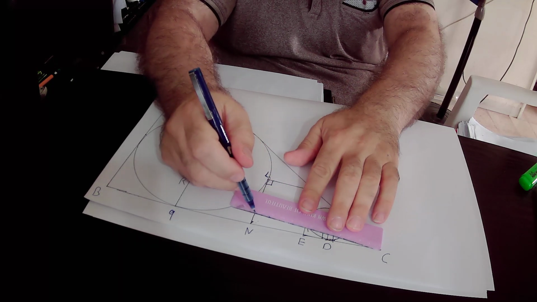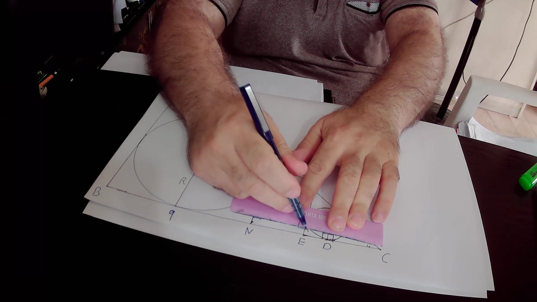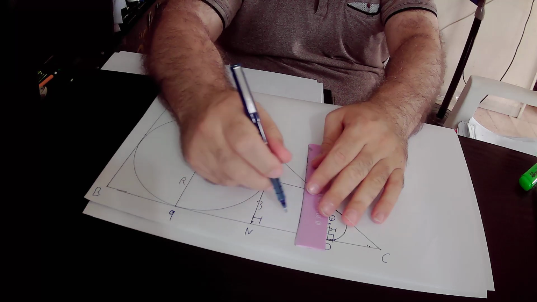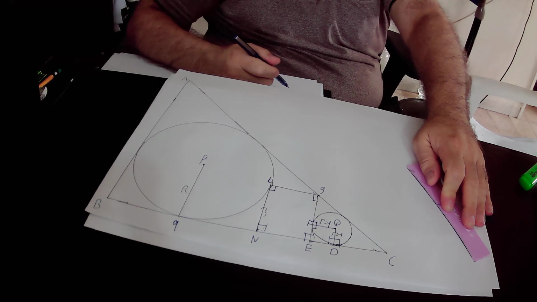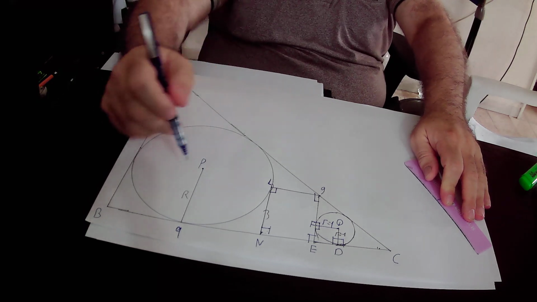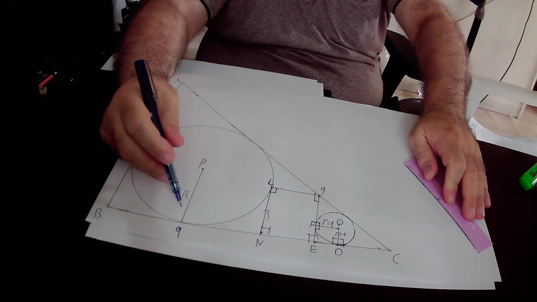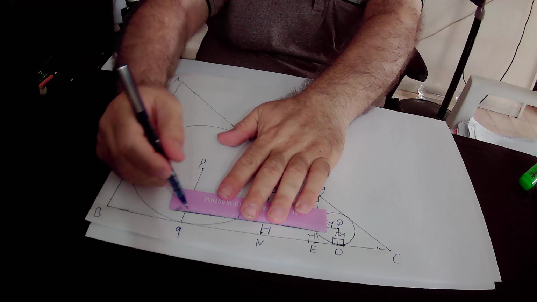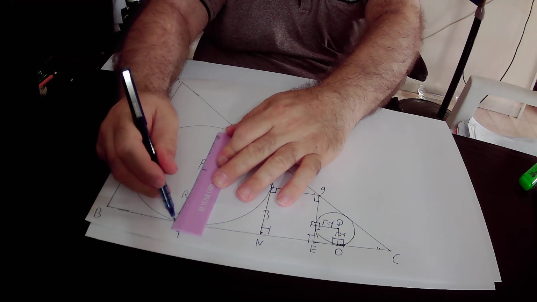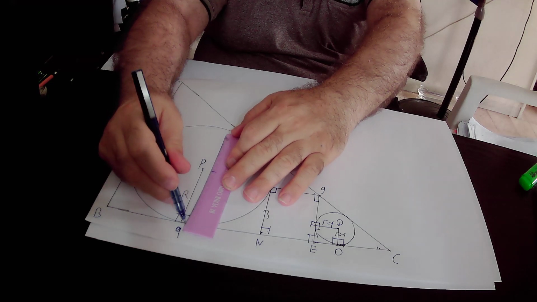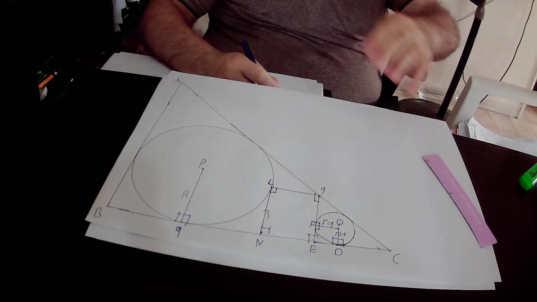This angle equals 90 degrees. And finally, this angle is also equal to 90 degrees. Here, according to rule number 1, we have the radius PQ that is drawn to the point of tangency. Therefore, this angle will be equal to 90 degrees, and this angle will be also equal to 90 degrees according to rule number 1.